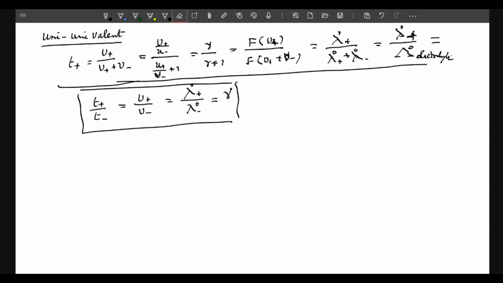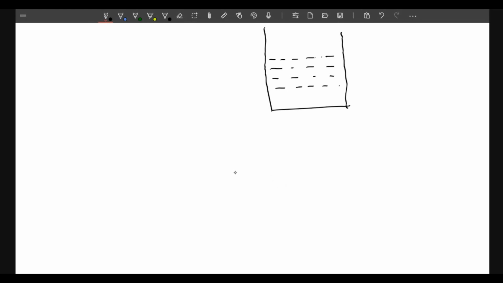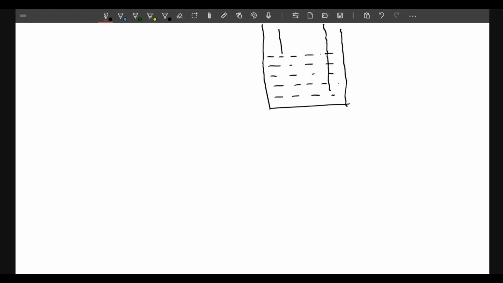We are going to see the determination of the transport number by Hittorf's method. In Hittorf's method, we have two conditions. What are the two conditions? The electrolyte is electrolyzed by, one, an inert electrode, platinum.